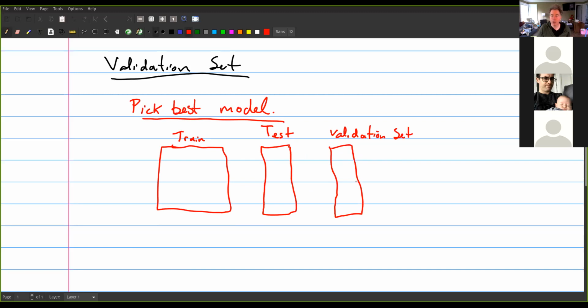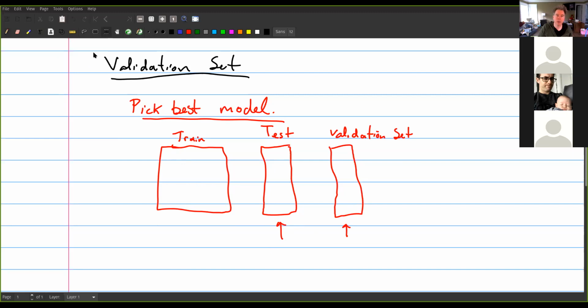Something has to go down. If these are both like 10% of your data, now you're only training on 80% of your data. I guess that's what you were doing before. But by reducing the size of your test set, you've made the variance of your out of sample error go up, and so you're going to be more wrong about that. Also, the validation set is kind of small, so you might end up picking the wrong hyperparameters too.